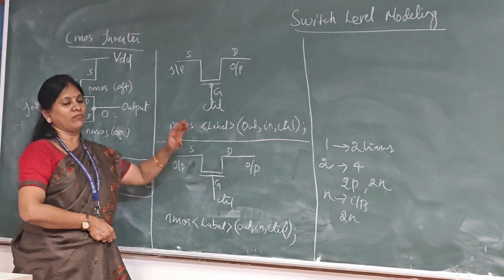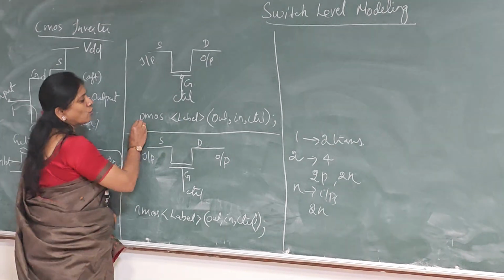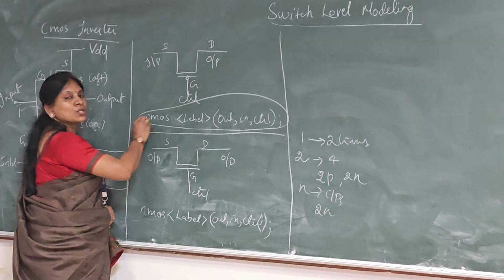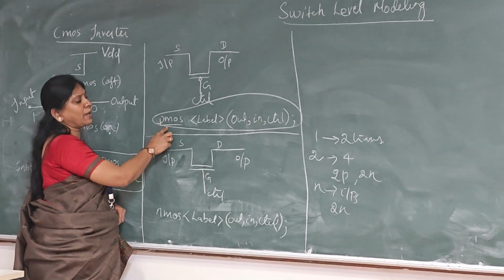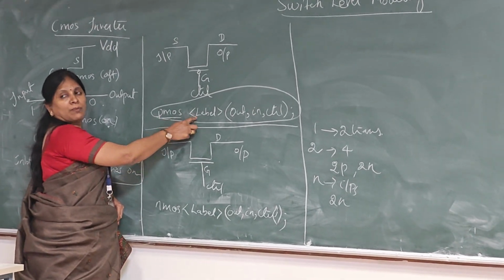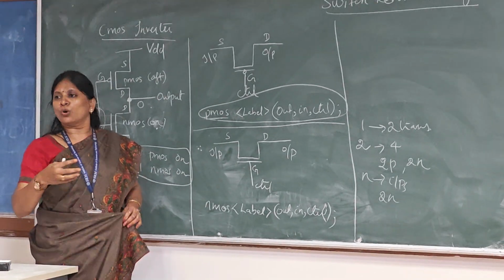While writing in Verilog code, you have to follow this way. This is the reserved word to use PMOS. Give the label, since you may have more than 1 PMOS.